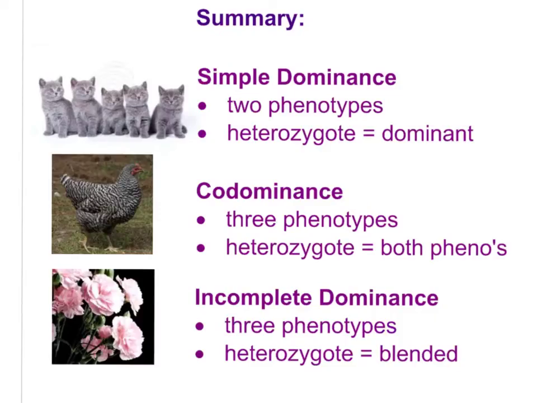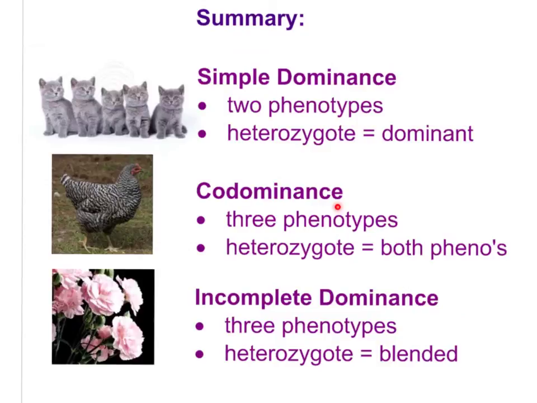So let's summarize everything we've looked at here in this section. Simple dominance, the simple Mendelian genetics, where we have dominant and recessive. We have two phenotypes, and when we have our heterozygote, it will be expressed as the dominant allele. Our second situation we looked at, codominance.